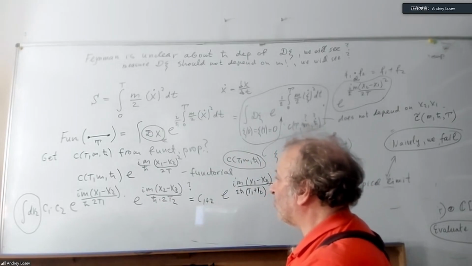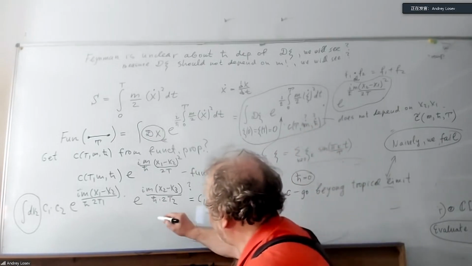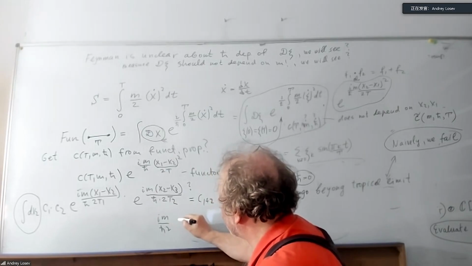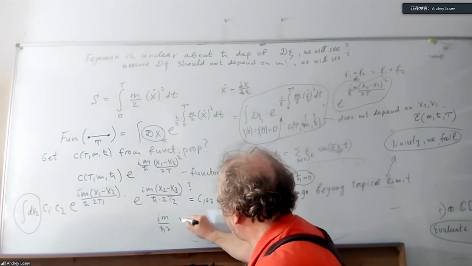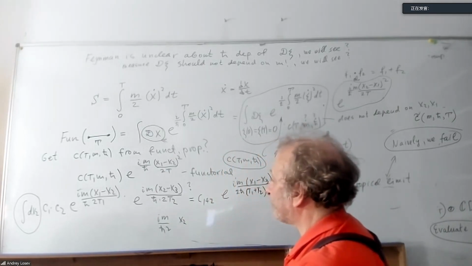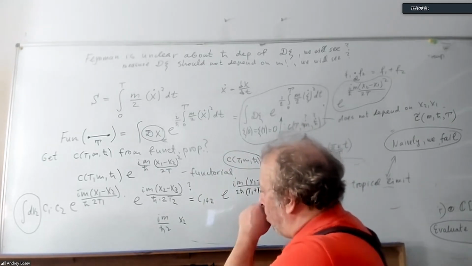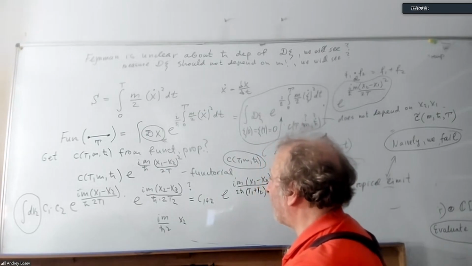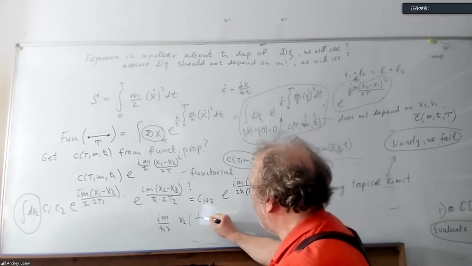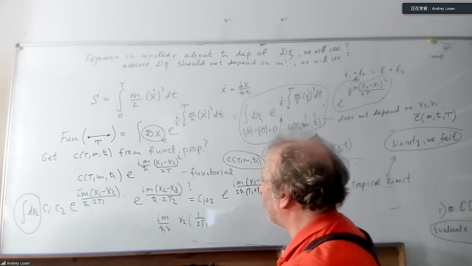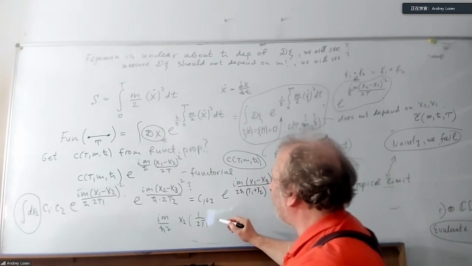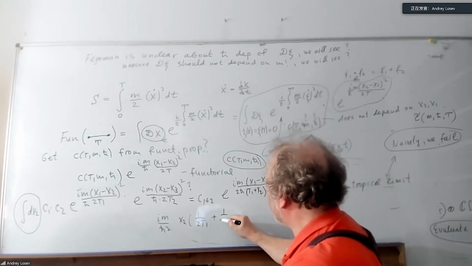So when I integrate over x2, I have IMH2, and here I have x2 squared, 1 over 2t1 plus 1 over 2t2.